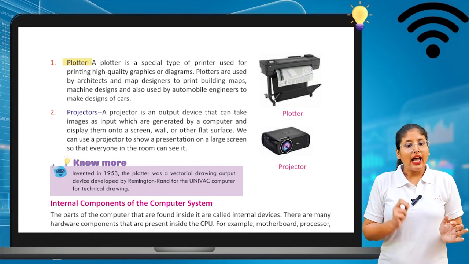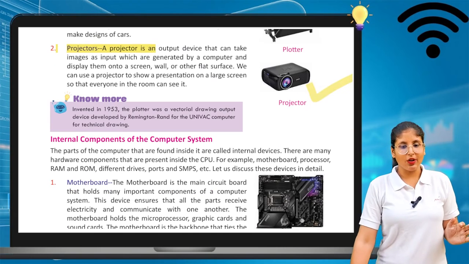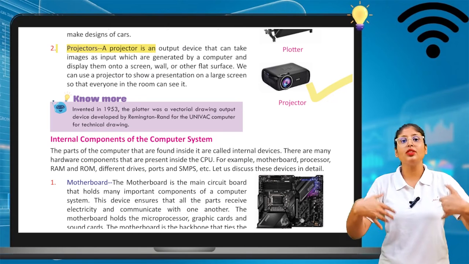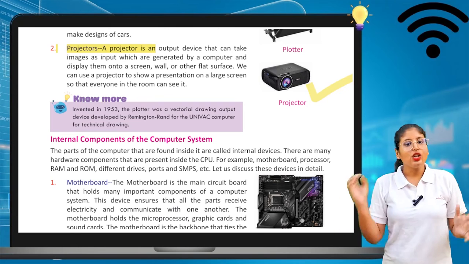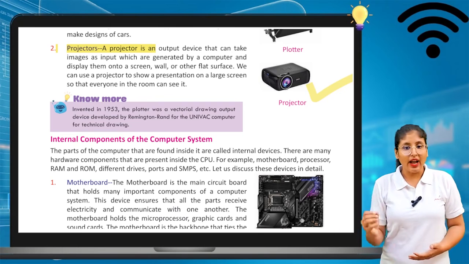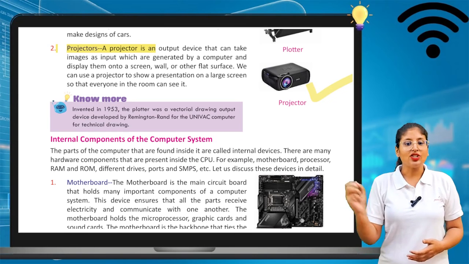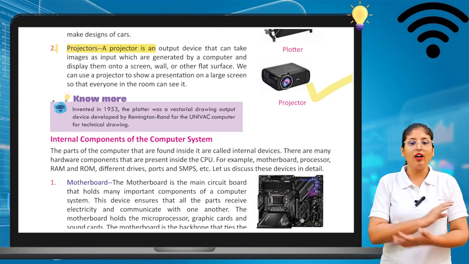Okay. Next output device is the projector. This is the projector normally used. It is also an output device because it shows you the result. It shows you a big picture of it. A projector is an output device that can take images as input, which are generated by a computer, and displays them on a screen, wall, or flat surface.